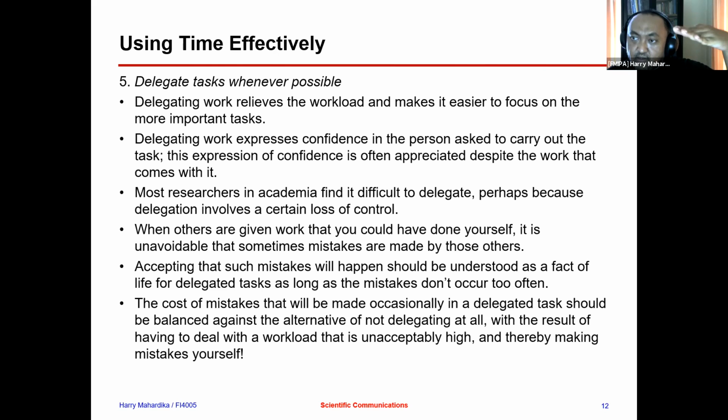So we need to be careful to choose the people to whom we delegate our work.